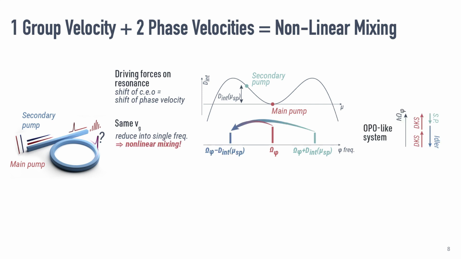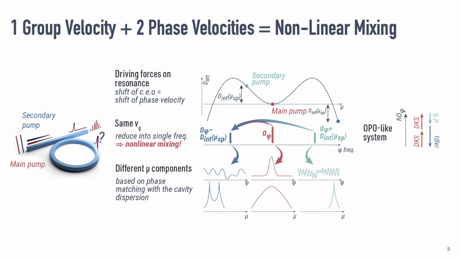Here you have an OPO-type system, where instead of a CW wave you have your DKS, a single frequency, acting as the pump. Your secondary pump, which I call SP, creates an idler exactly at delta omega from the secondary pump. That's pretty cool, but these frequencies are not exactly single frequencies, right? They do have azimuthal components. This frequency here is the soliton.